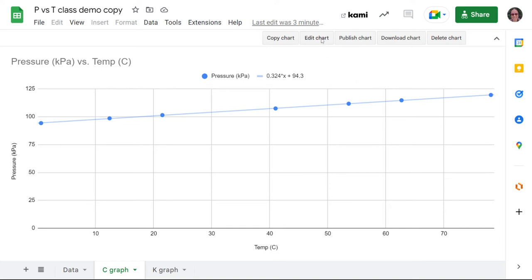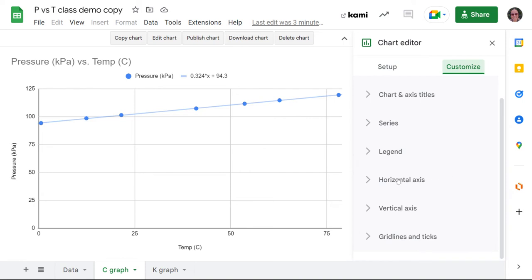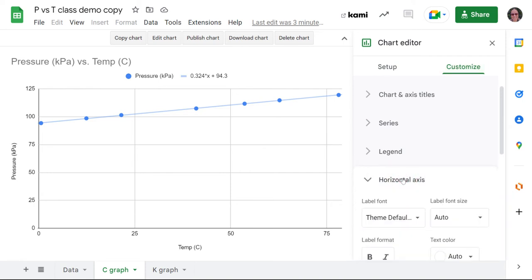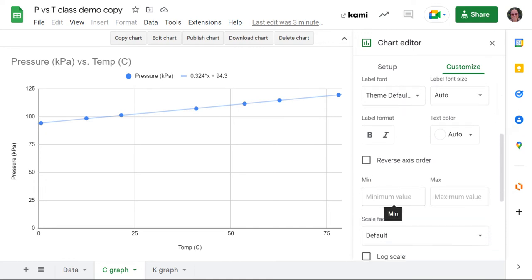And the way we can do that is we can edit our chart and go to Customize. We can make our x-axis extend until we can see where it crosses the x-axis.